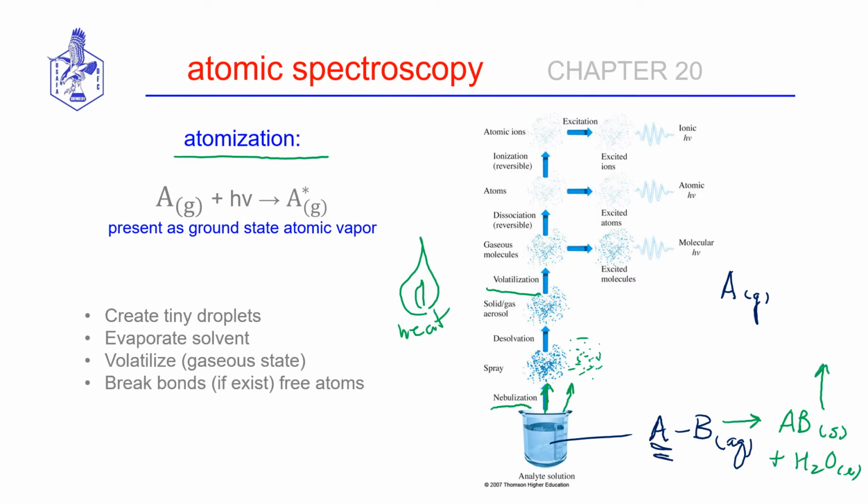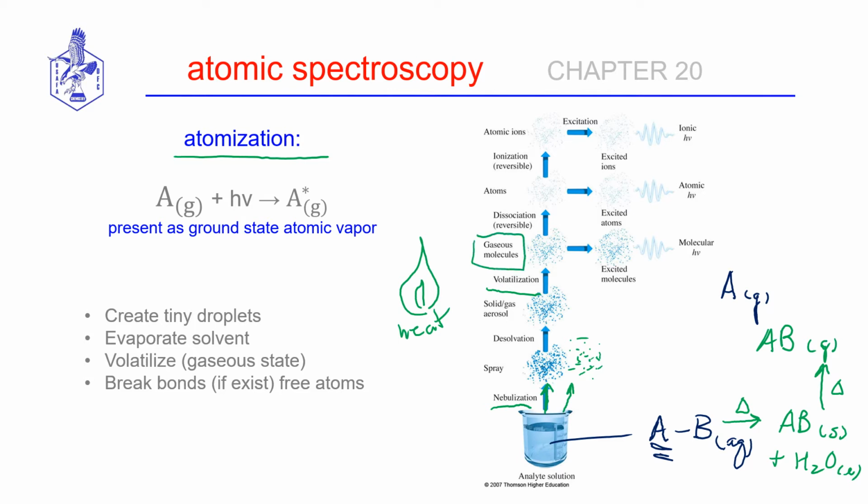So I take my molecular species up into the gaseous phase. Once again, all of these steps require energy in the form of heat. So that's sublimation if I go directly from the solid phase to the gaseous phase. Okay, so now I have gaseous molecules.